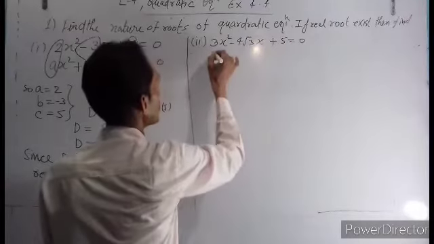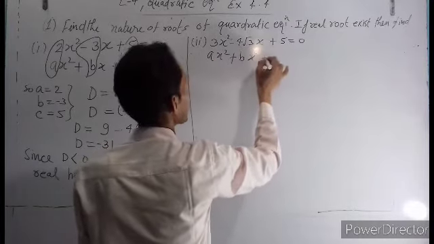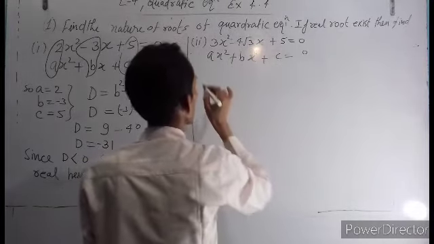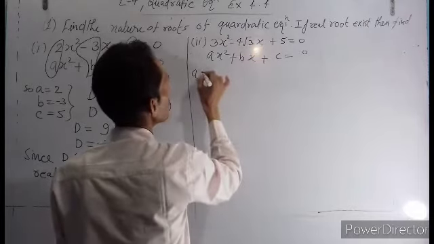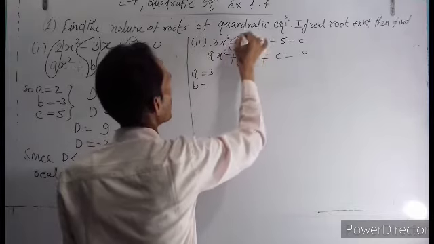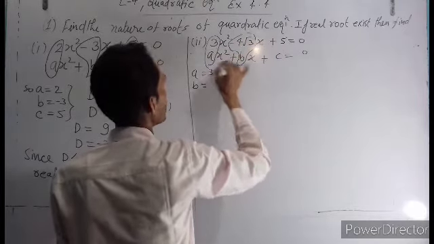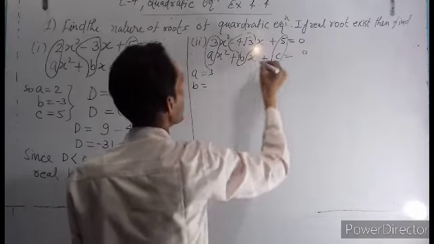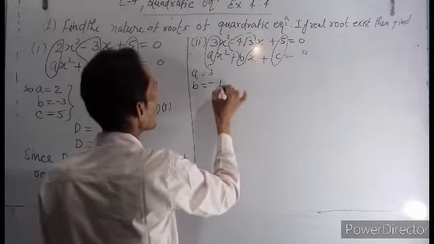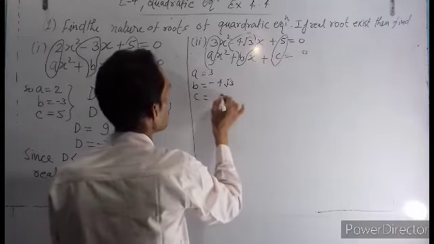Compare it with ax square plus bx plus c equal to 0. Then a equal to 3, b is the coefficient of x, a is the coefficient of x square, and c is the constant term. So b equal to minus 4 root 3 and c equal to 5.